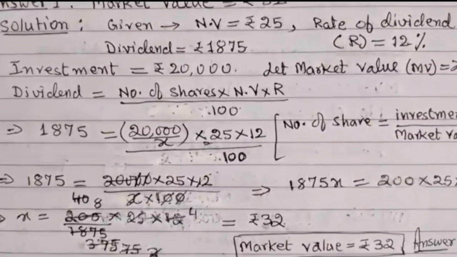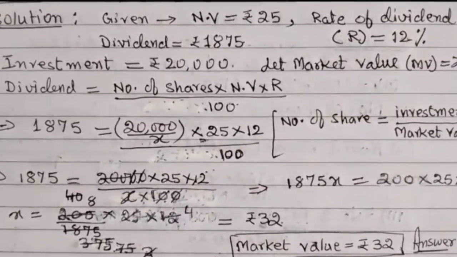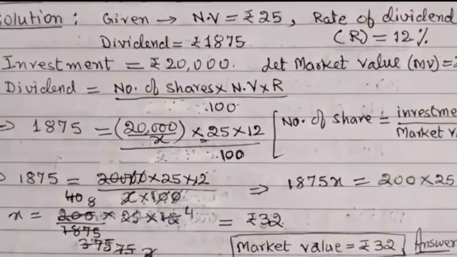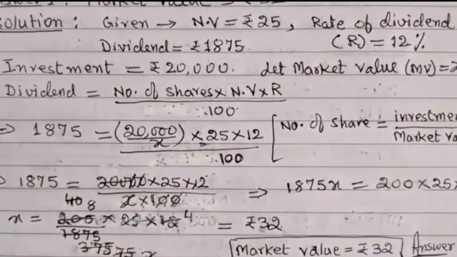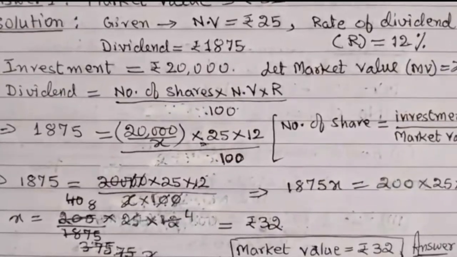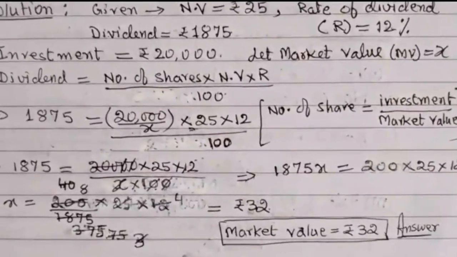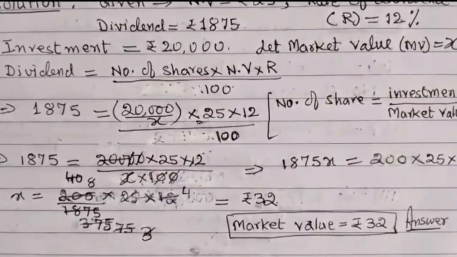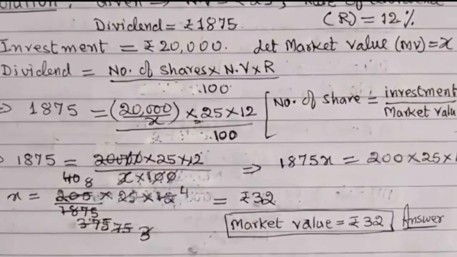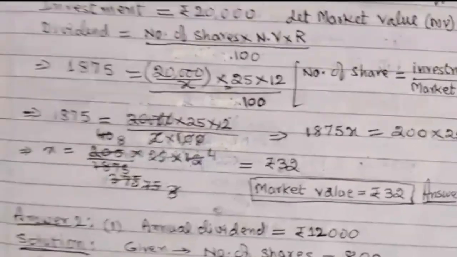That is 1875 equals 20,000 into 25 into 12 divided by X into 100. On solving, we get X equals 32. That is, market value is rupees 32.